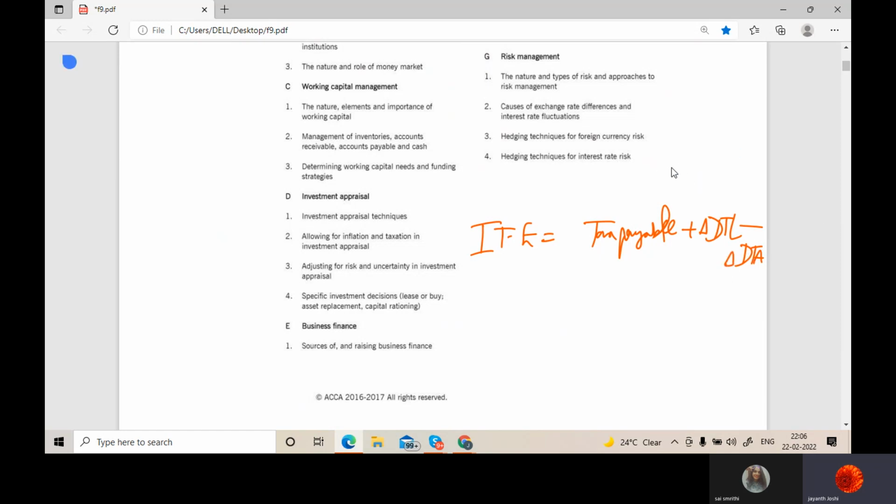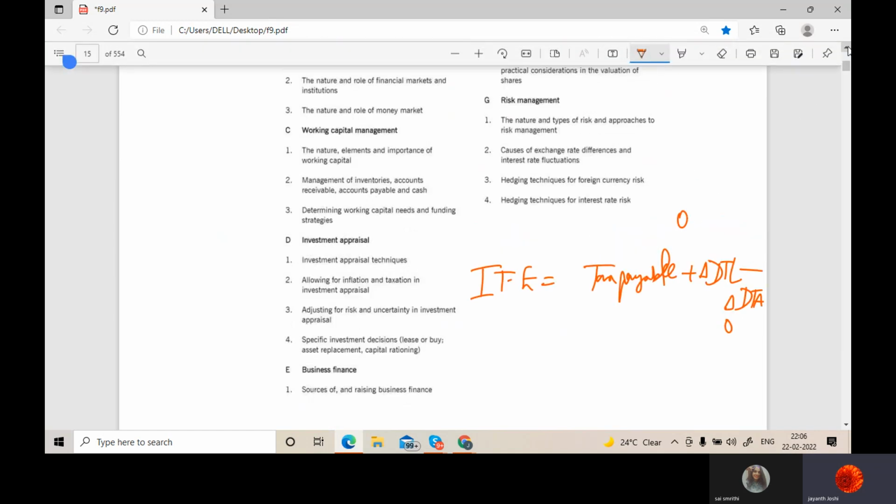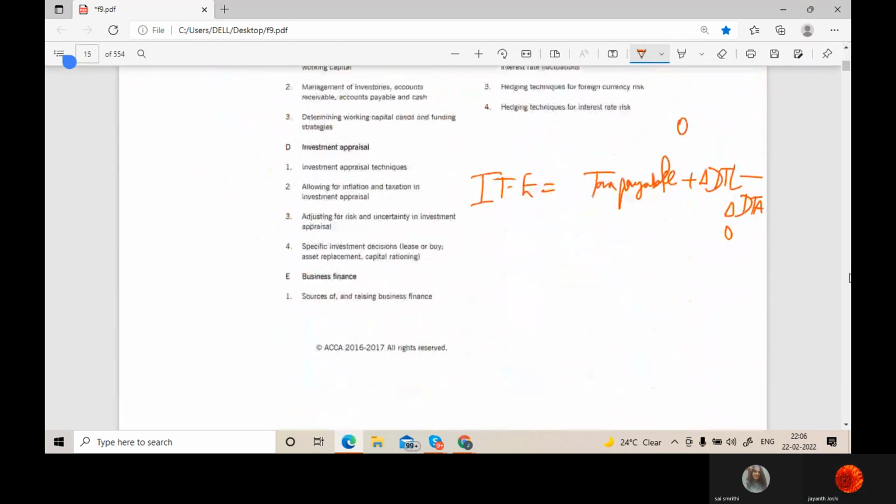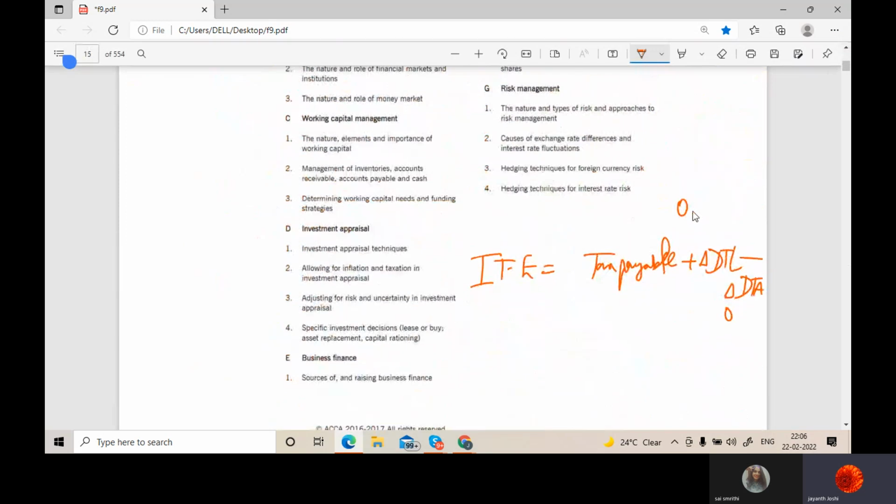But here the previous DTL is 0 and the previous DTA is 0, let's say. And the current DTL in our example is 3,000. The change between 0 and 3,000 is 3,000 itself.